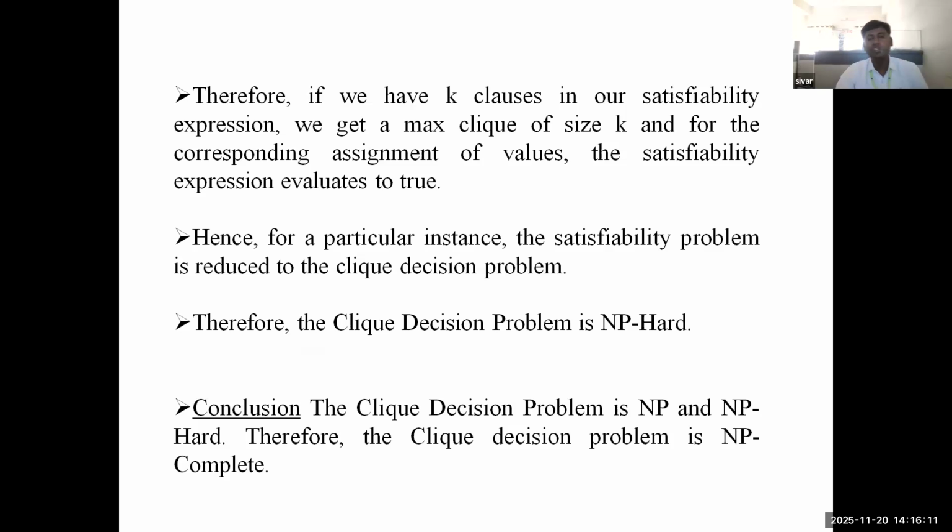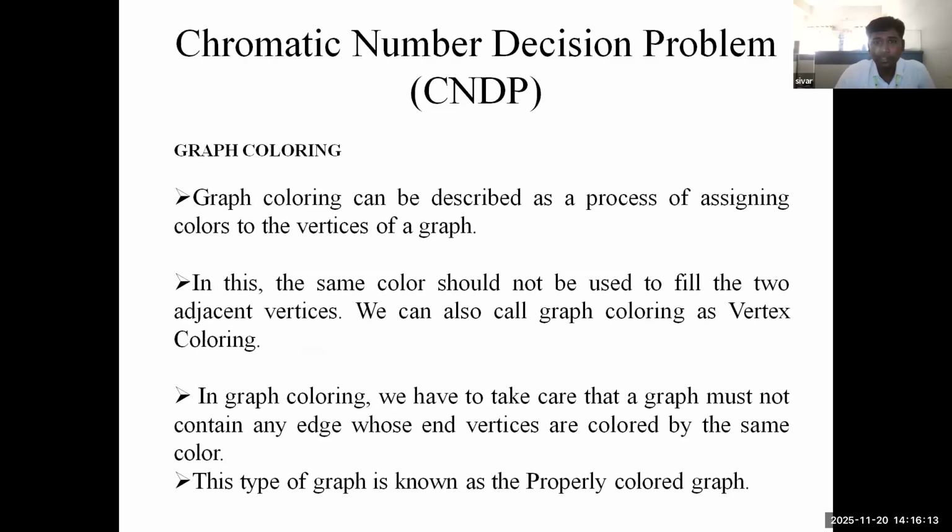Next one is the chromatic number decision problem. Before going to discuss chromatic number, first we have to know graph coloring. You have to understand what a chromatic number decision problem is, but before that you have to know what graph coloring is.